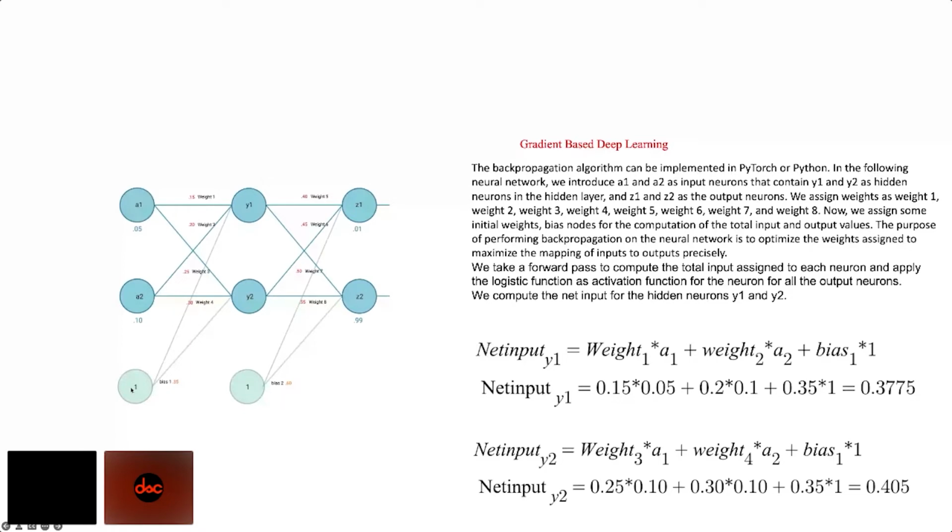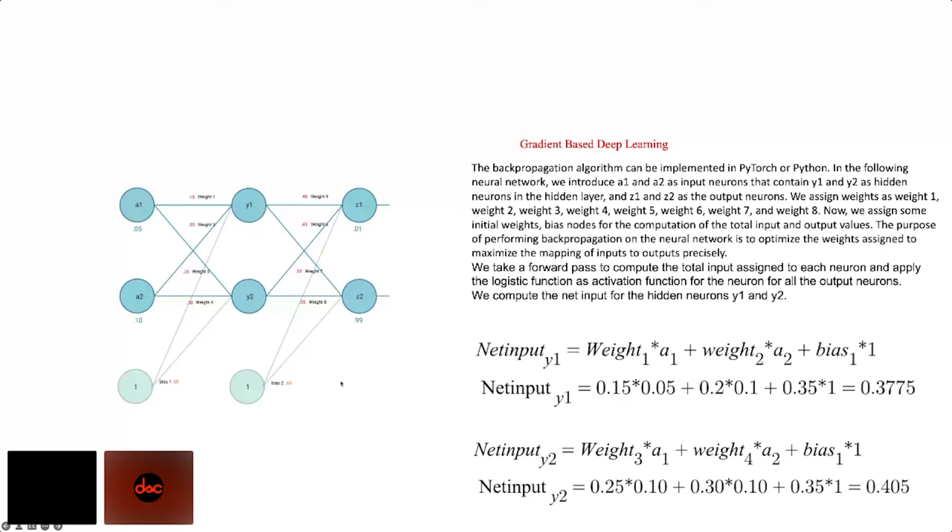That will give you the total net input value in your hidden layer for y1, and then you also want to compute the net input value for y2 as well. Similarly, in this case, we're going to take weight 3 and weight 4 here.